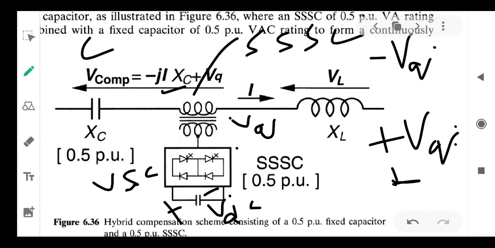Therefore, we can provide plus or minus VQ as well as only minus jXC, so that we have more control over voltage injection. It can be a wide range with the help of XC.